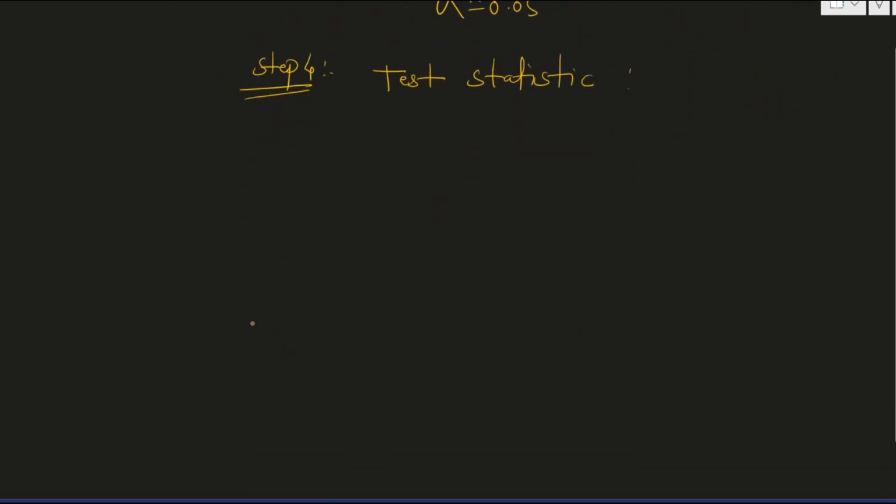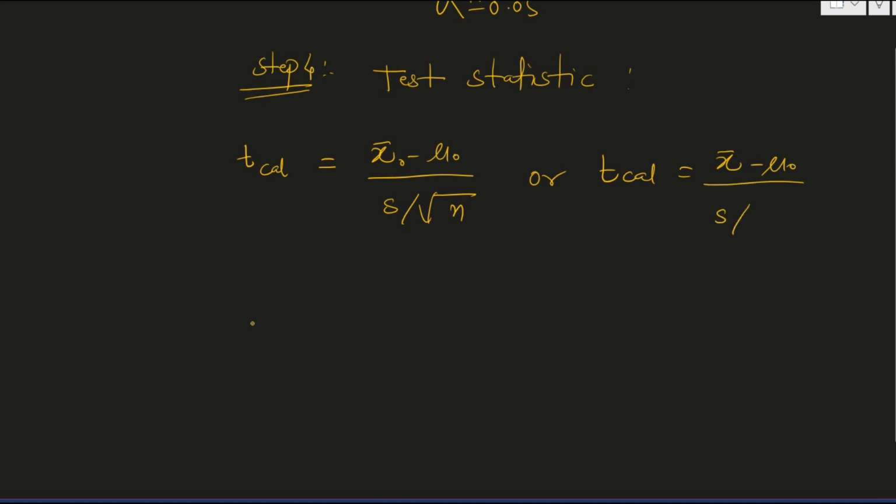We have two different t calculated values: one for the sample, the sample mean minus the population mean by the standard deviation over root n, or t calculated is x mean minus mu by s over root n, with degrees of freedom n minus 1.